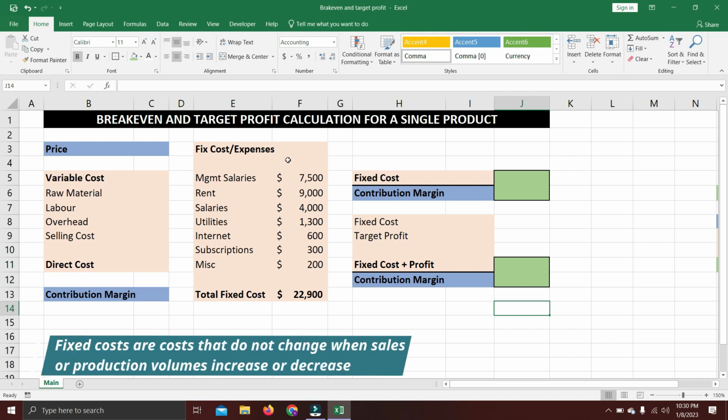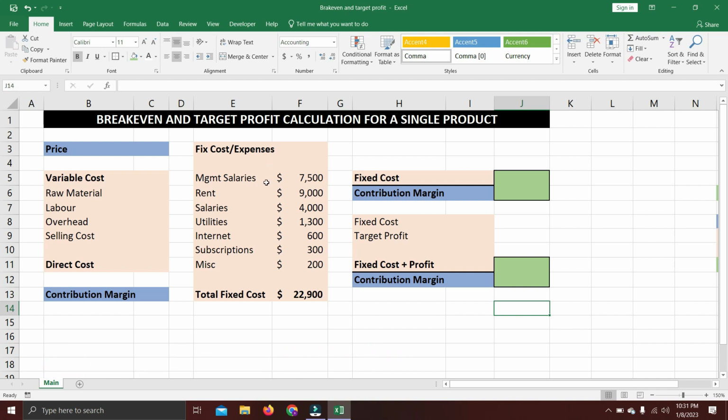Fixed cost is the cost which is fixed, as it indicates, such as salaries, rent, utilities, some subscriptions and some other expenses which are fixed and unavoidable, and not directly related to the quantity of the product. If you produce 10 units or 10,000 units, you have to pay salary and rent as is.